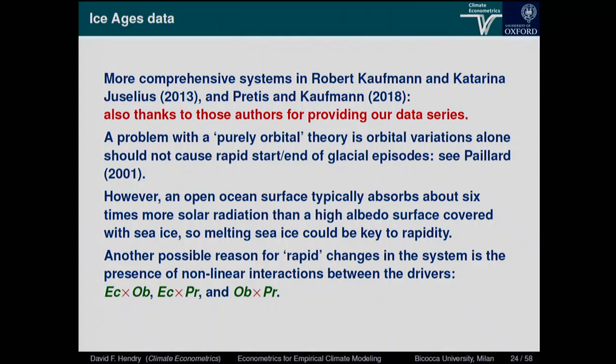The loss of high albedo from an ice-covered sea is really dramatic in how rapidly the temperature will rise in the Arctic, because the sea is now absorbing all that solar energy rather than it being reflected. The other possible reason for a rapid change is non-linearity. Now, it's not treated the way we treat it, but I'm going to include non-linear interactions between the drivers.